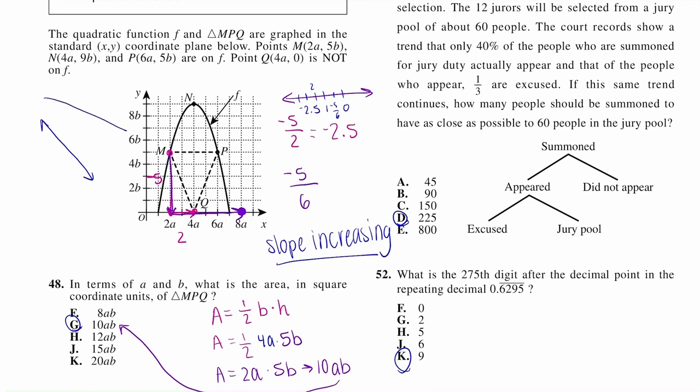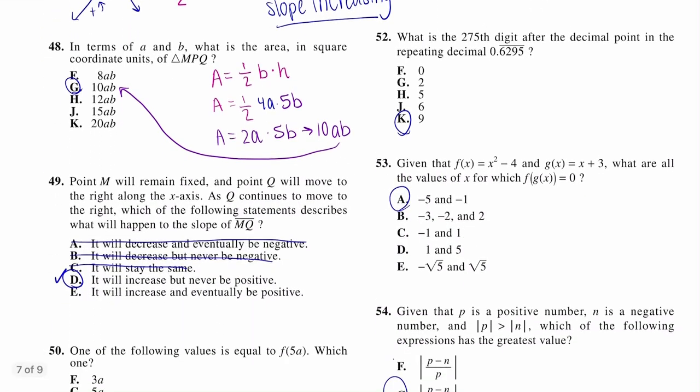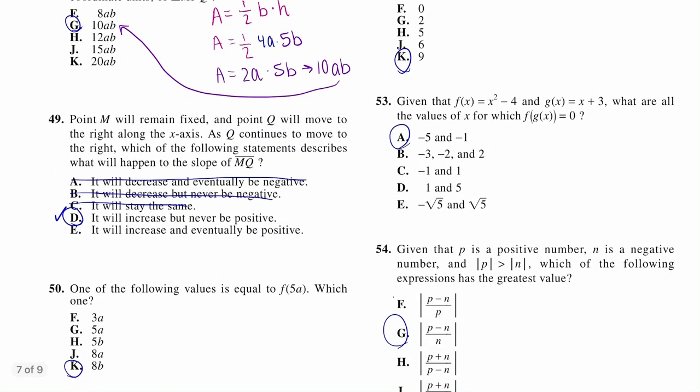No matter how steep our slope gets or how not steep our slope gets, it's always going to be going in a negative direction. Remember, this is a positive slope. That's what a positive slope looks like. This is what a negative slope looks like. So it's always going to stay negative. So that leaves us with answer D.